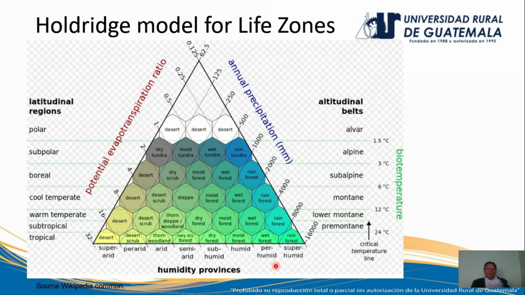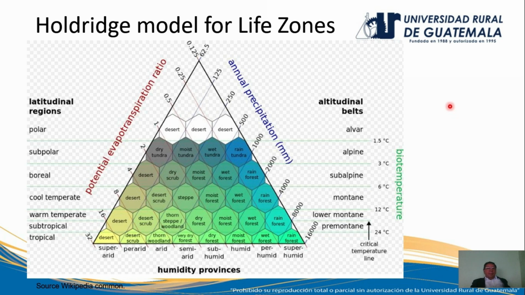Based on these main parameters, this model shows us the classification of different life zones around the world, as we can see here. And there are almost 100 different types of life zones around the world.